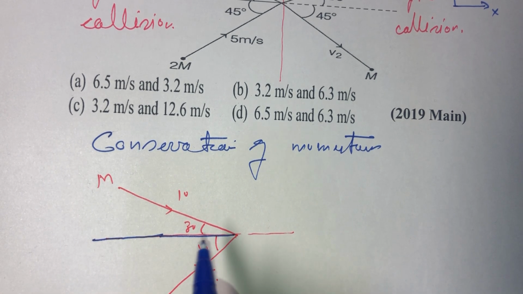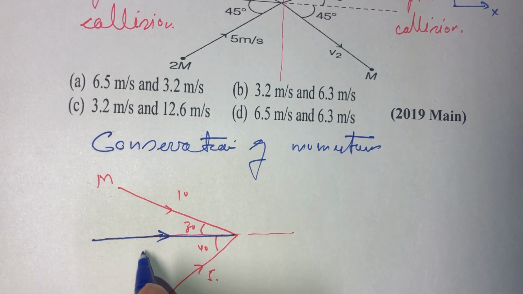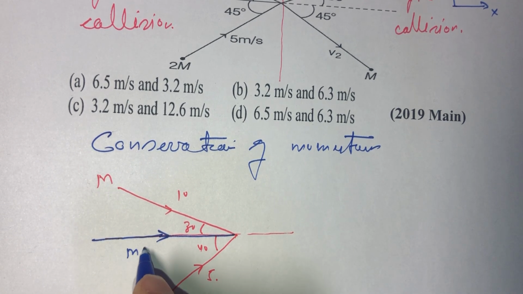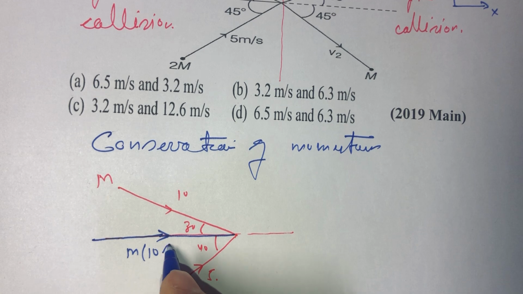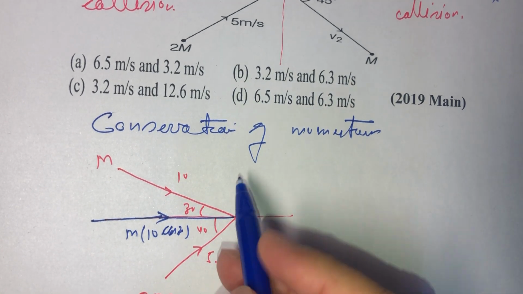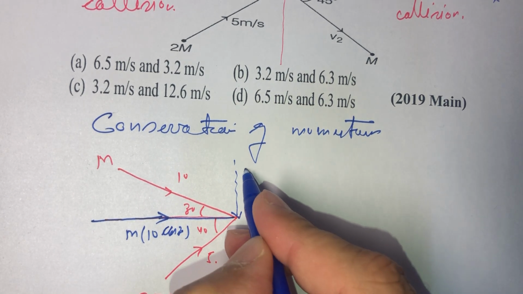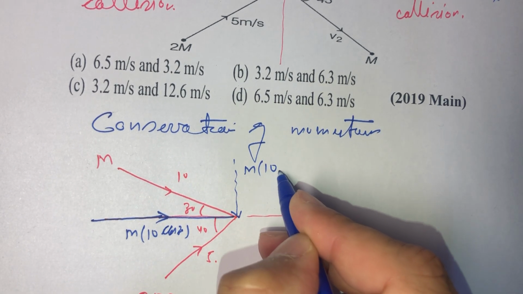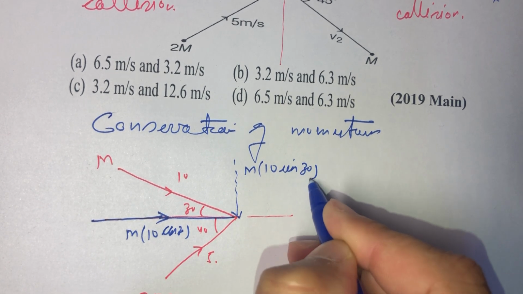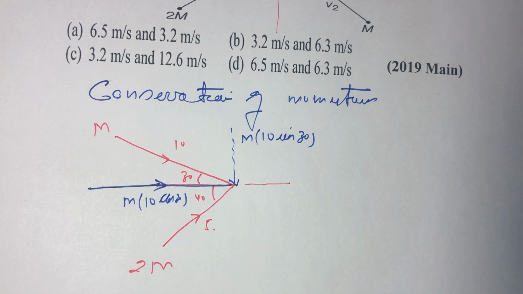Along this direction, the angle is 30 degrees, so we get m multiplied by 10 cos 30, and similarly this component is m 10 sin 30.